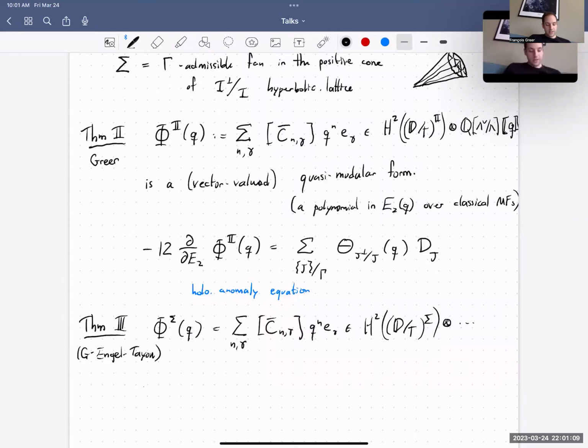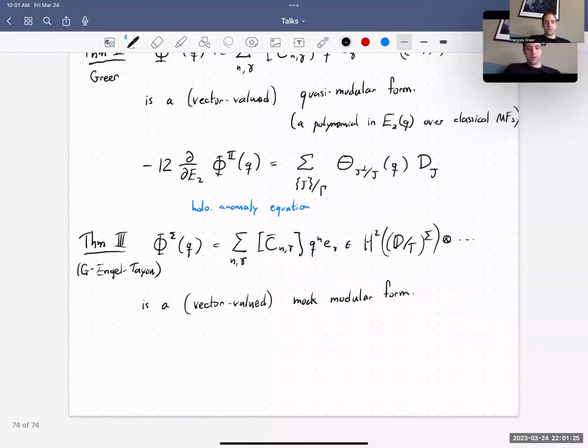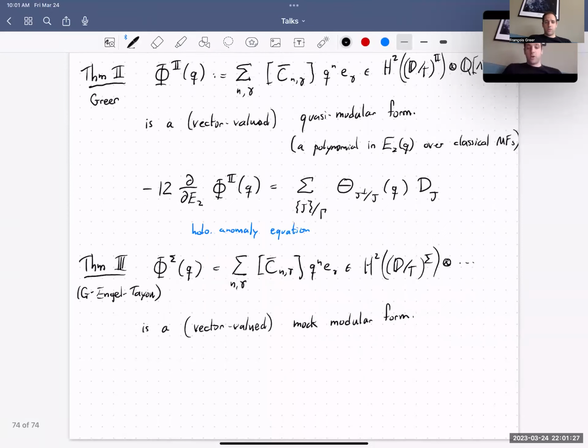And the statement is that this is a vector valued Maass modular form. So that's a further generalization of quasi-modular form, and it includes some really more exotic kinds of series.